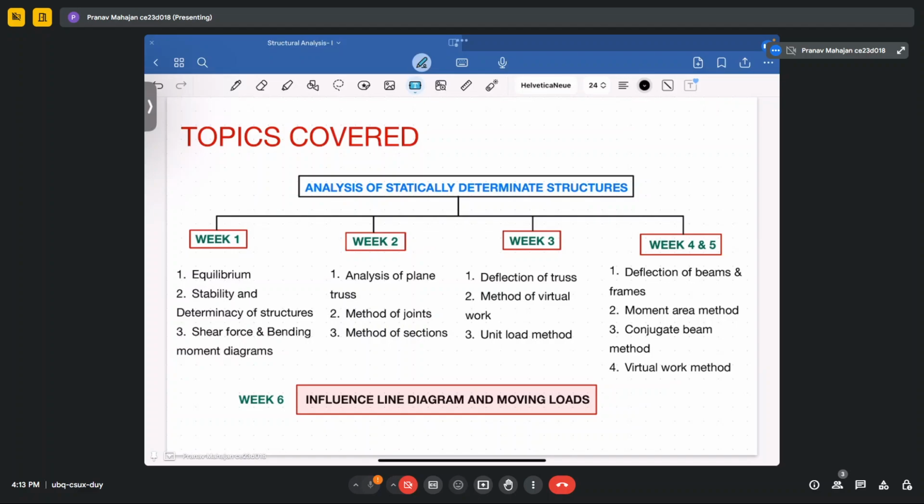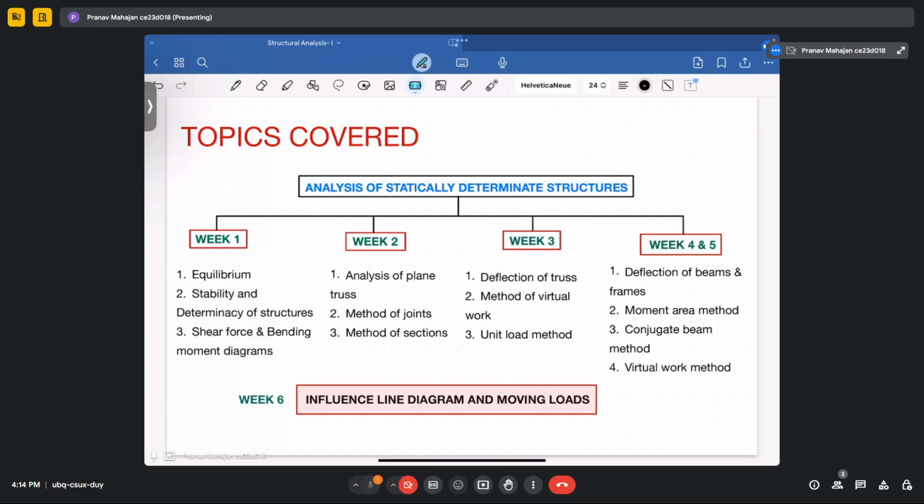In the method of joints, we applied the equilibrium equations and determined the forces developed in the different truss members, and determined whether each member is a compression member or a tension member.